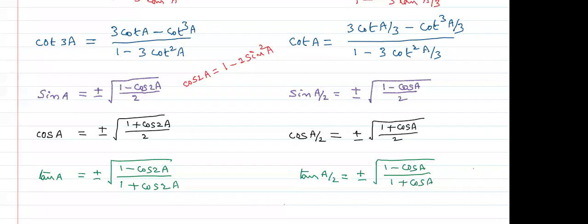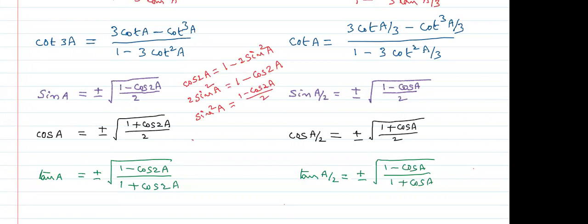Now 1 minus cos 2a equals 2 sin square a: 2 sin square a on the left hand side, and cos 2a sent to the right hand side. What is sin square a? Sin square a is equal to 1 minus cos 2a divided by 2.